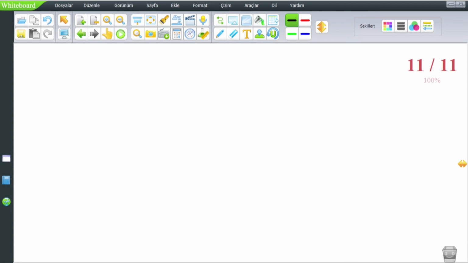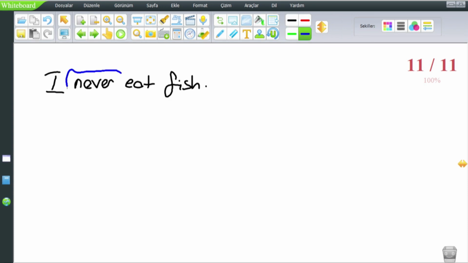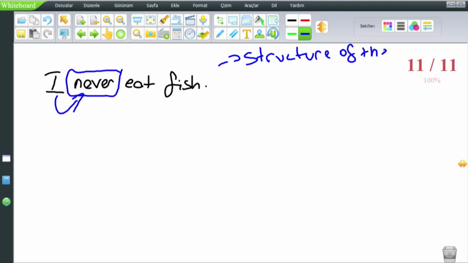Let's give examples using those time expressions. I never eat fish. I started with a frequency time expression, I used never. The placement of the frequency time expressions is important. It goes right after the subject if the structure of the sentence is positive.